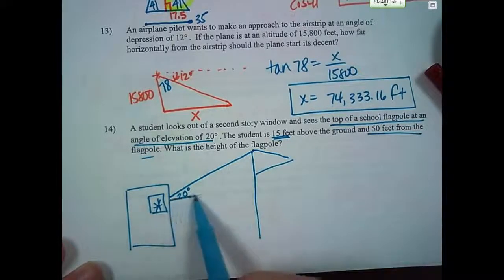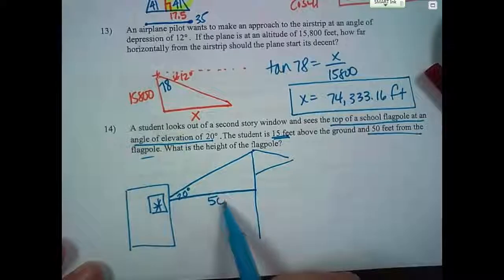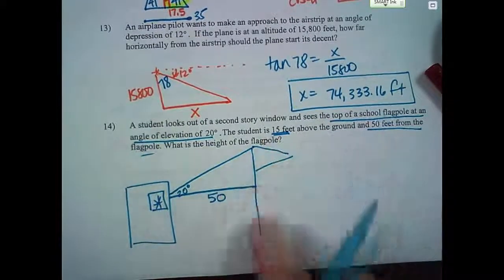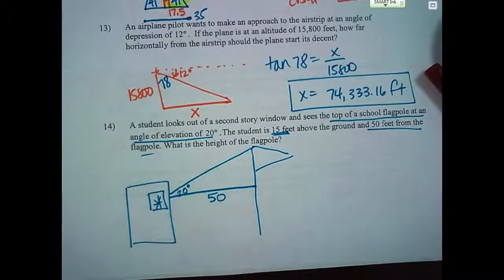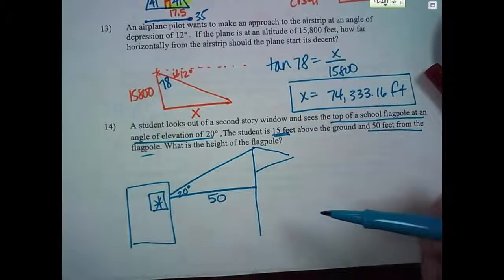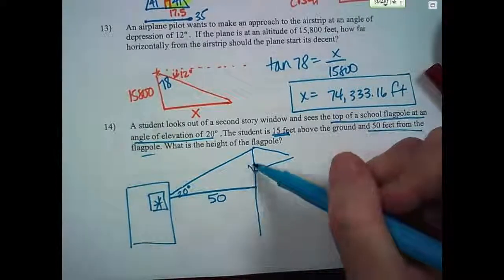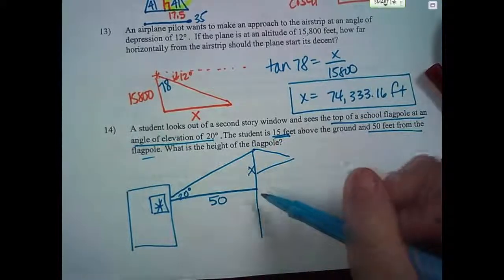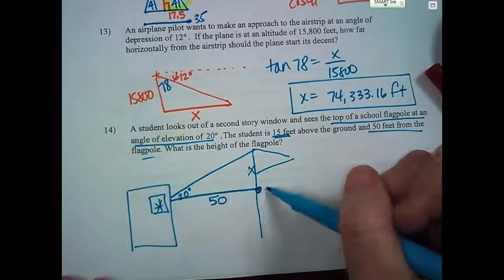So the distance from the girl to the flagpole is 50 feet. He wants to know the whole entire height of the flagpole. Well, what part of the flagpole height can I find right now? The part up in the sky, right? Opposite over adjacent. That's only going to be from where she's standing up.